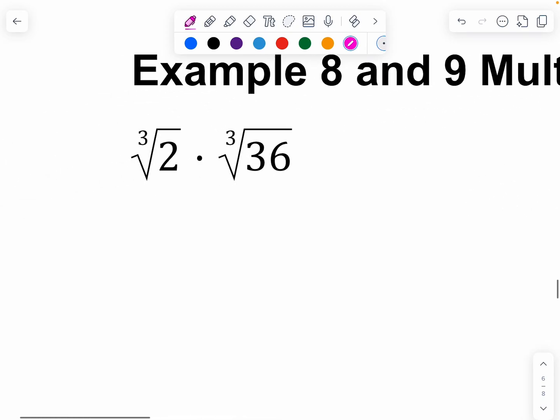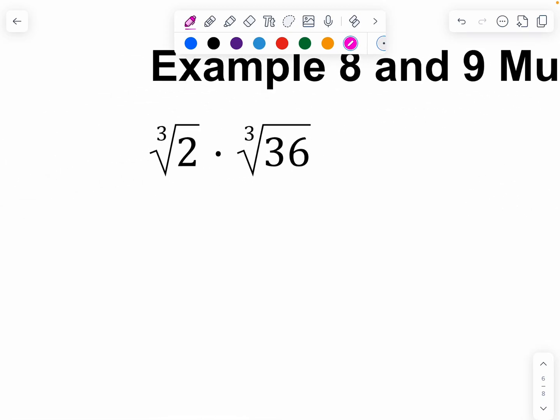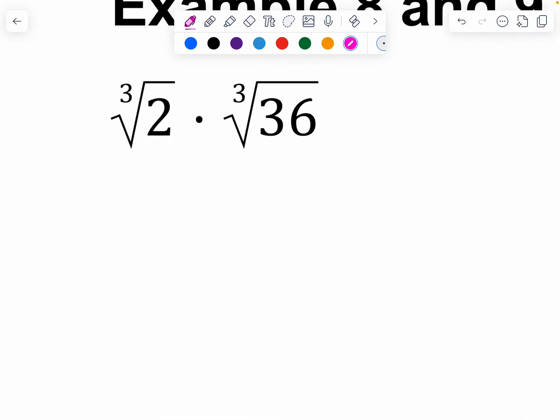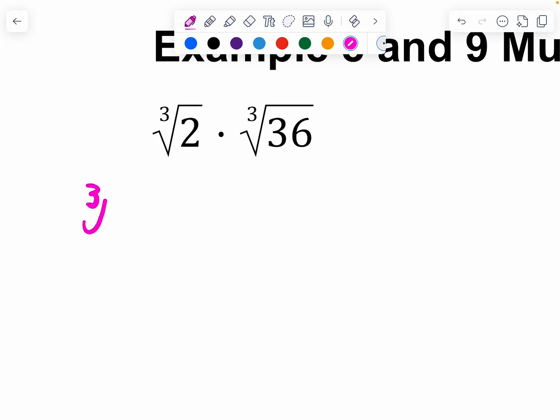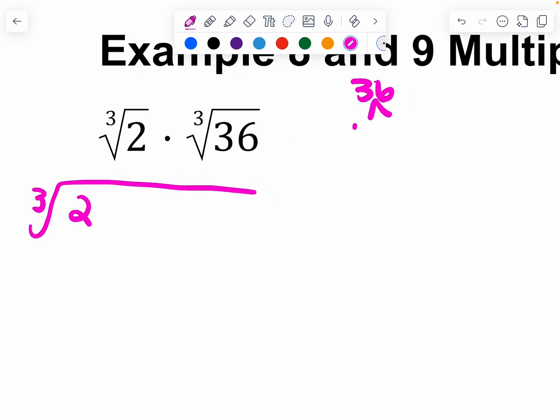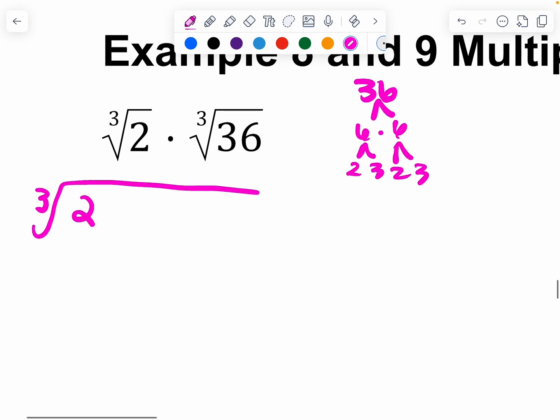Okay. This one, we're multiplying or dividing, depending on which one. Cubed root. Again, I don't want to actually move these, or whatever I want to say, multiply them. This is 6 times 6. This gets me 2, 3, 2, 3. So I have 1, 2, 2, 3.